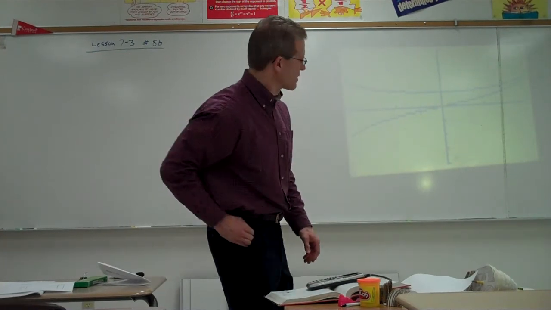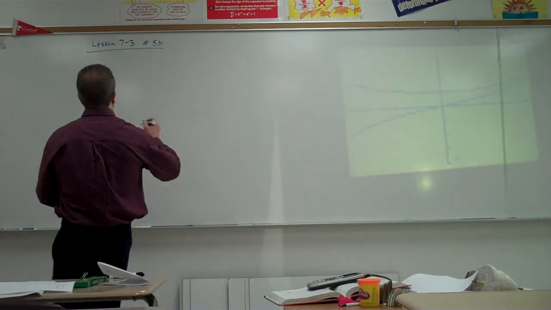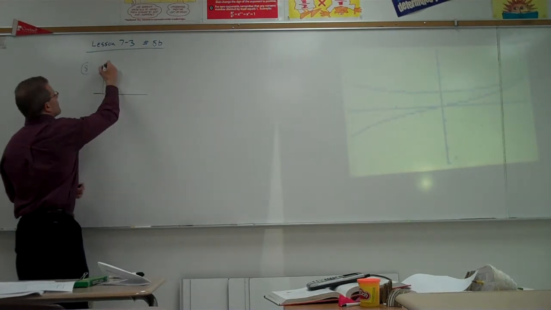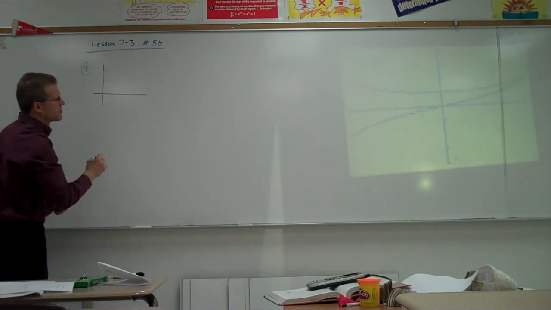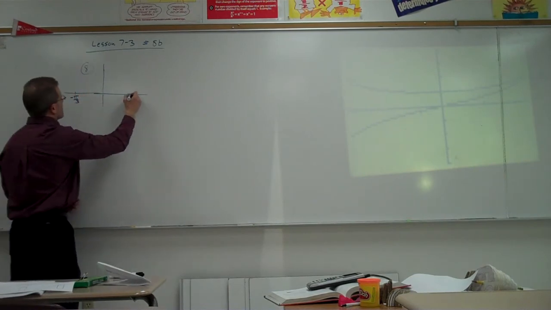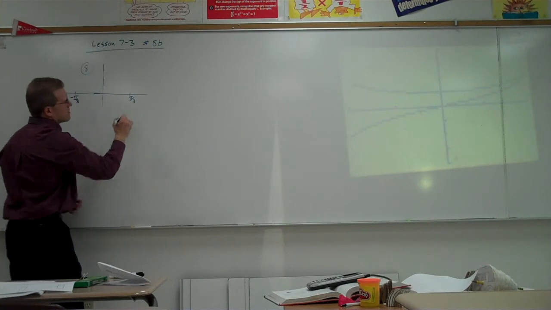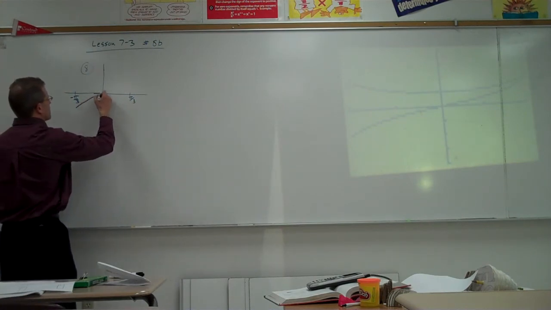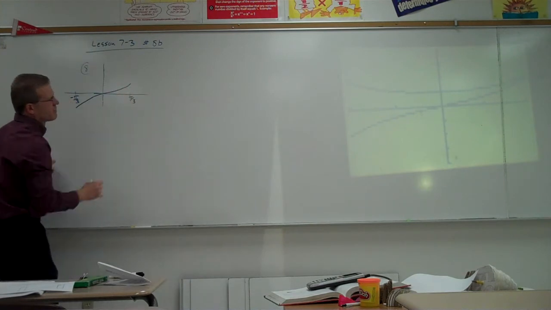Okay? So let's make a sketch of that first. So my tangent, and I'm going from, again, negative pi thirds to pi thirds. So the tangent graph kind of goes like this. Something like that.